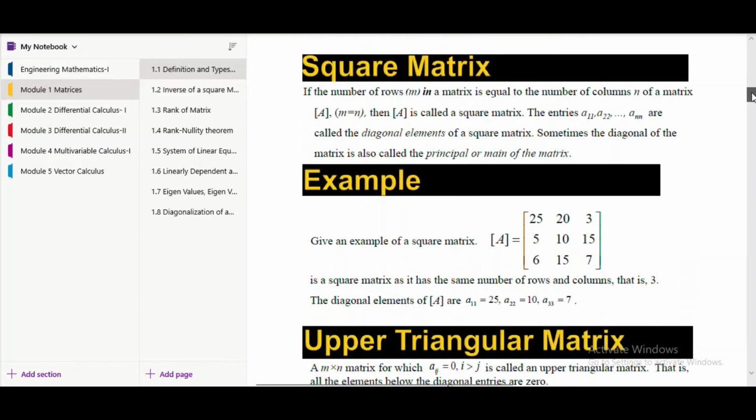A square matrix: if the number of rows in a given matrix is equal to the number of columns, then the given matrix is called a square matrix. The entries A11, A22, ANN are called the diagonal elements of the square matrix. Sometimes the diagonal of the matrix is also called the principal or main diagonal.